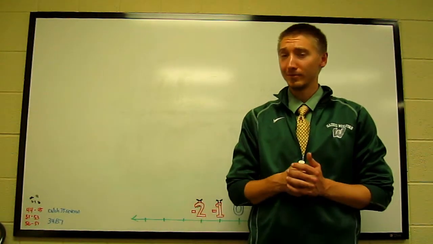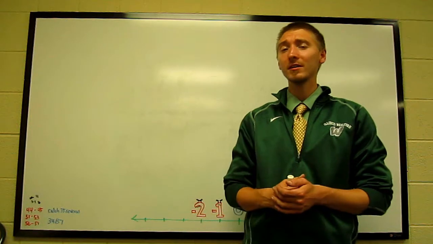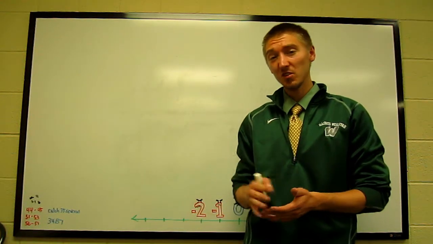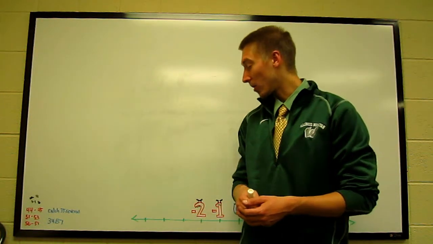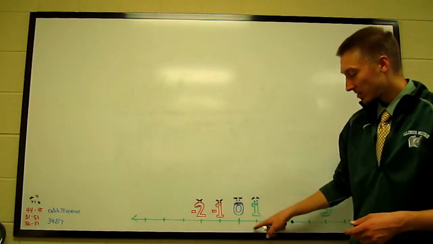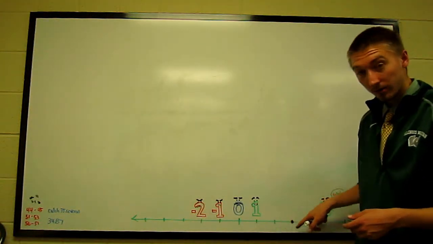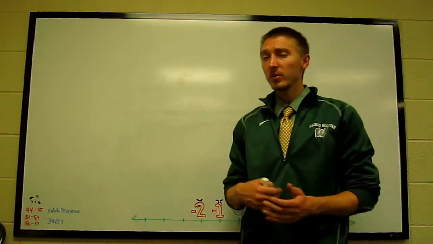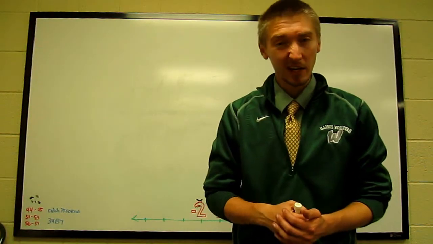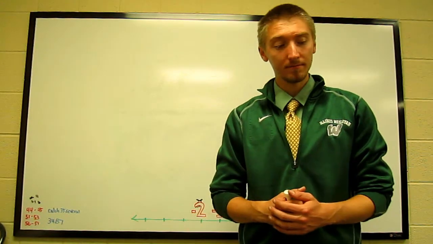For number 2, I want to know what numbers are 7 whole units away from 0. So they will have a distance of 7 units. Okay? So we'll be going over 7. Are there going to be more than one answer? And if so, what would they be? Okay?